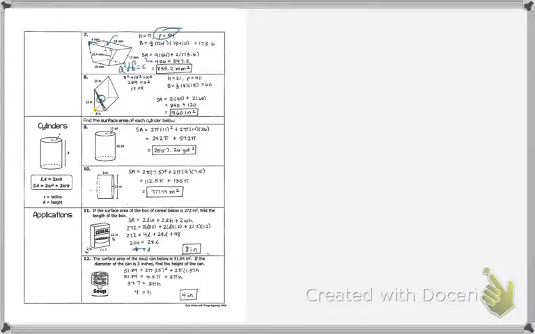This is the hypotenuse, so this guy's C, and they're using this as A, and this is B.